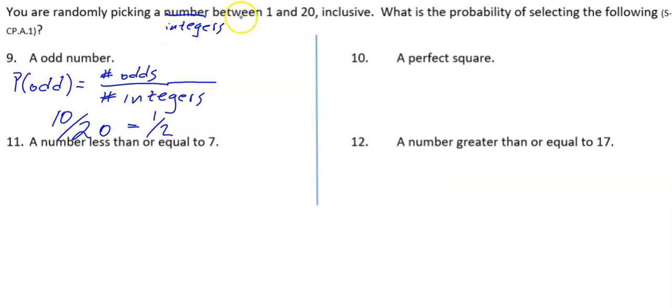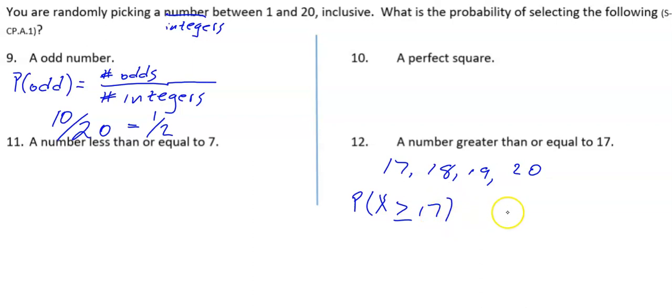From the list of integers 1 through 20, equal to or greater than 17, that's going to be 17, 18, 19, and 20. So the probability that my number, we'll call it x, is greater than or equal to 17 is 4 out of 20. I am going to let you reduce that yourself, and then you're going to enter your answer as a fraction.